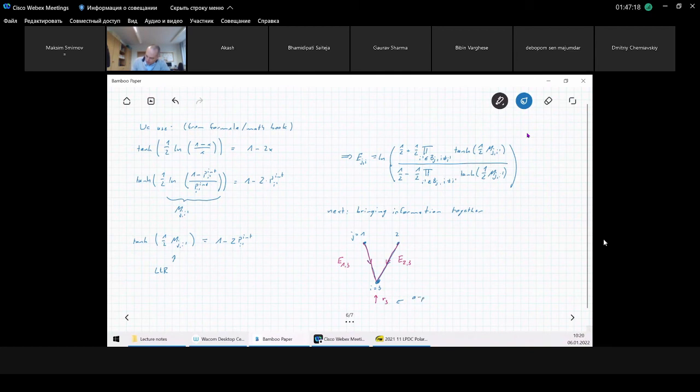A priori LLR from the observation of bit 3. So intrinsic information.